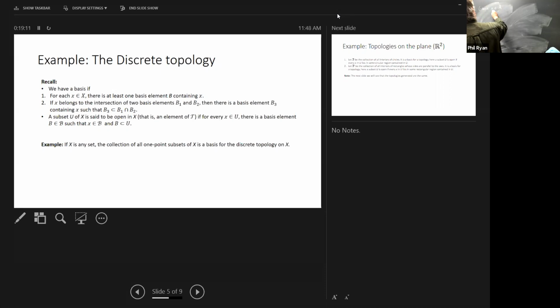It's just the set containing x, the singleton {x}, that does the job.